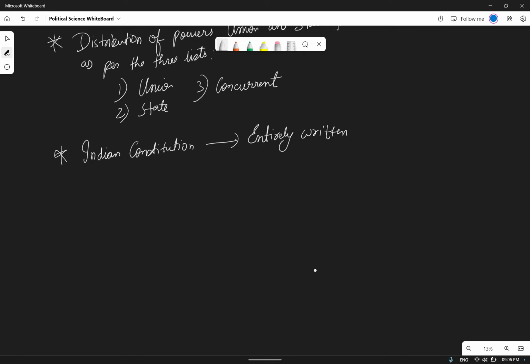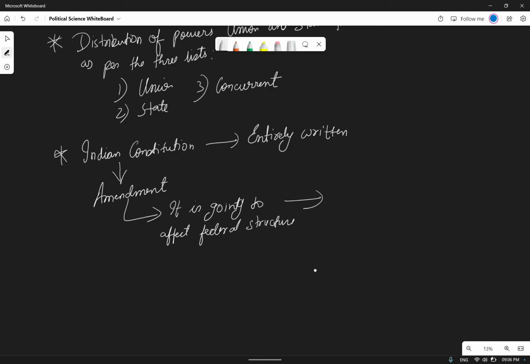Okay, and if there is a requirement of amendment to it, then it is going to affect the existing federal structure.